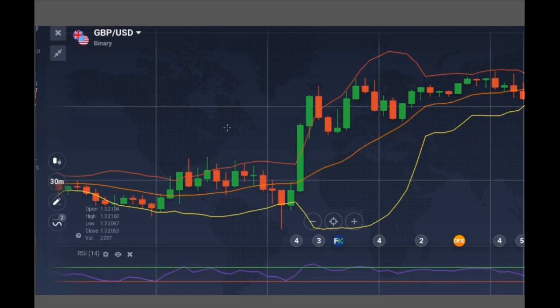This is another established candlestick chart, an established currency pair for binary options or for other derivatives also.